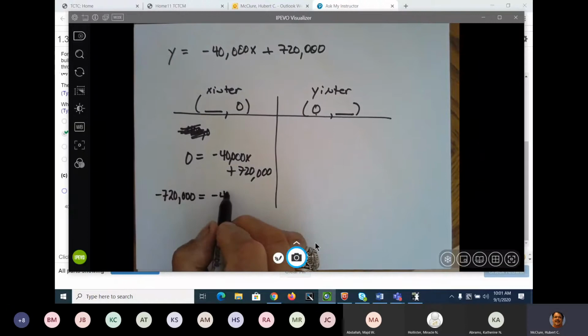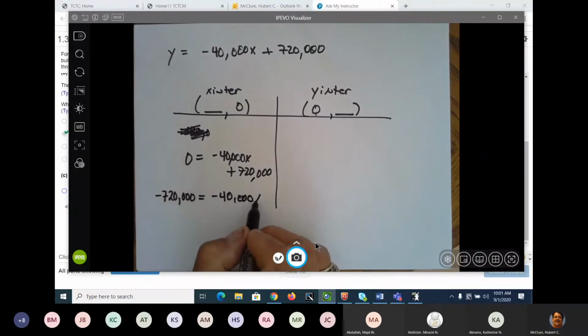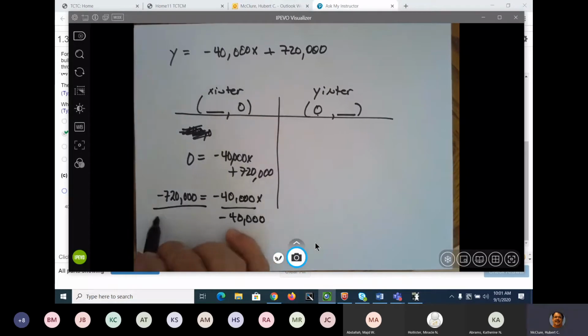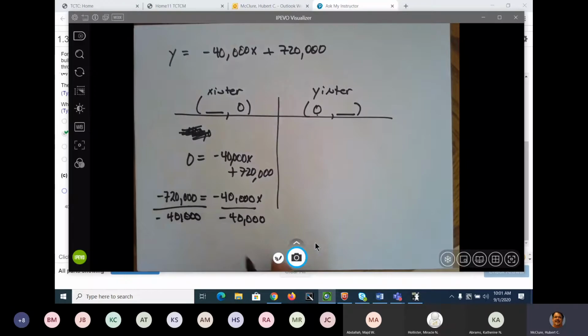That's equal to negative 40,000 x. Divide by 40,000. And somebody do that math for me. That negative cancels, these thousands cancel, and you're left with 720 over 40, is equal to x.